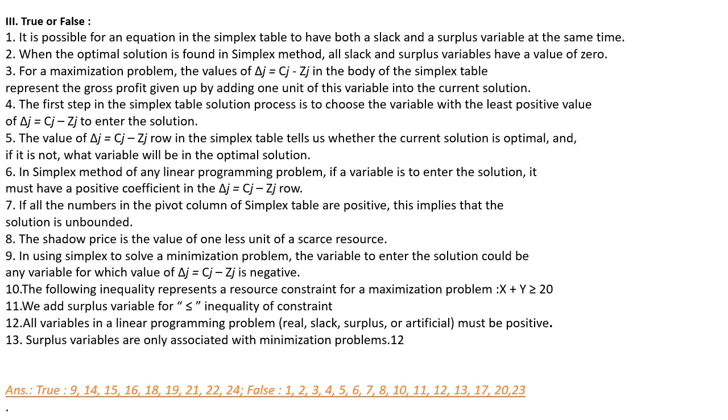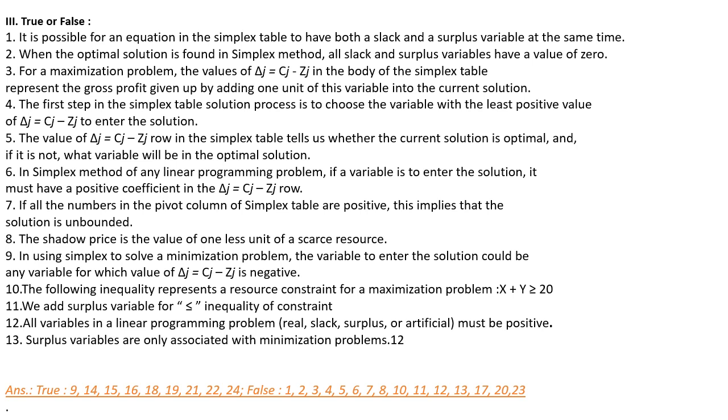False. We add surplus variable for less than or equal to inequality of constraint. False. All variables in a linear programming problem, real, slack, surplus or artificial, must be positive.